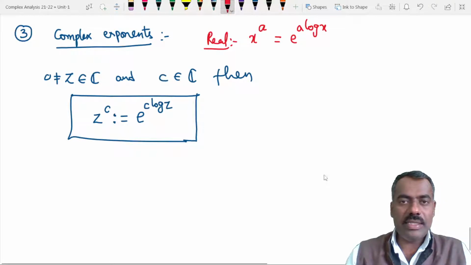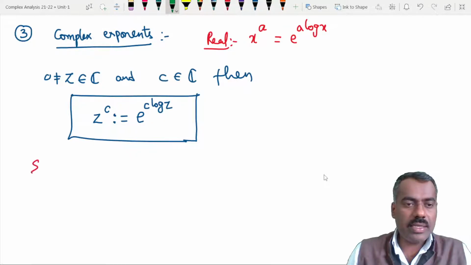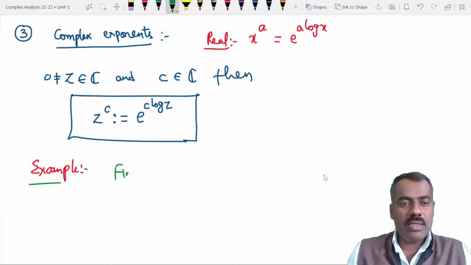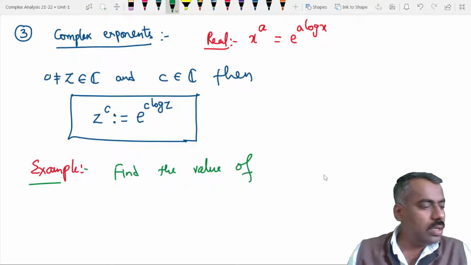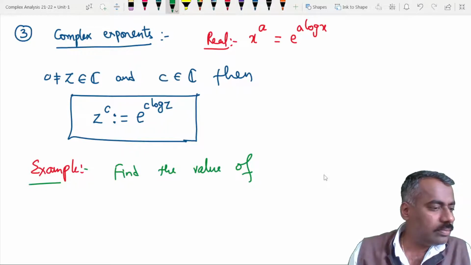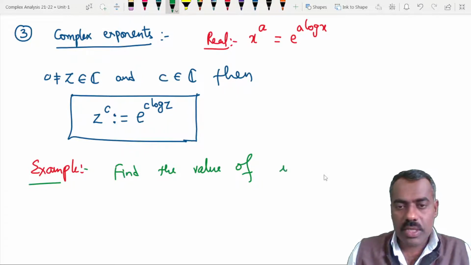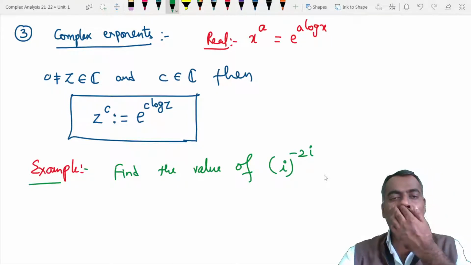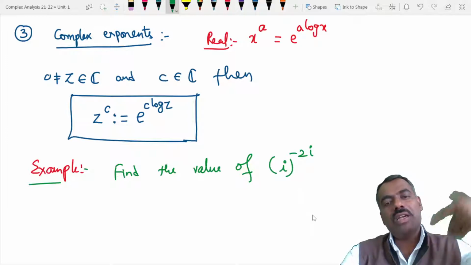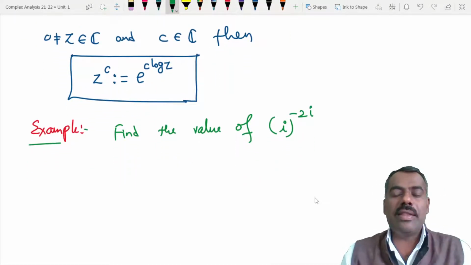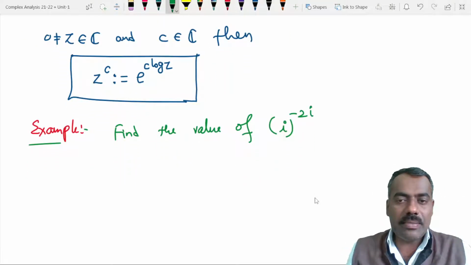One can quickly see one example of how we can find these exponents. Example, find the value of i power minus anything. You take any non-zero complex number raised to any other complex number and find the value. Okay, then let's take some simple one.